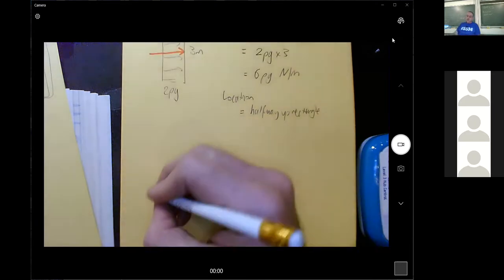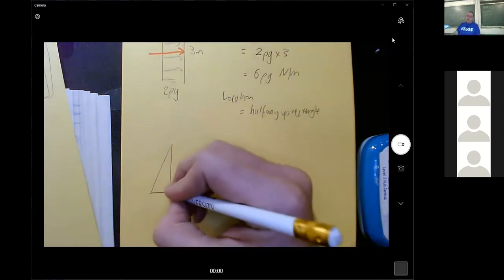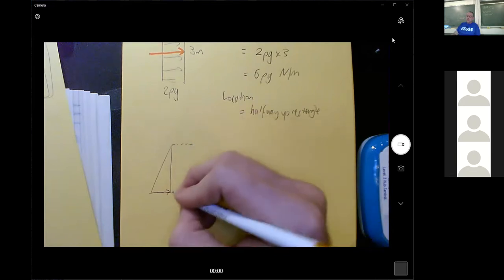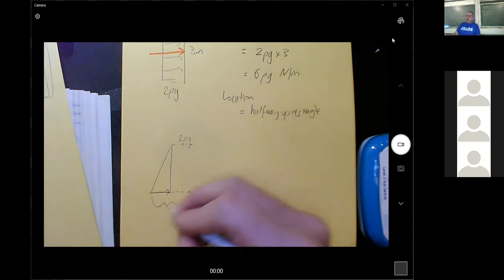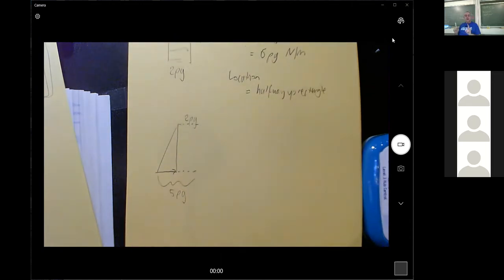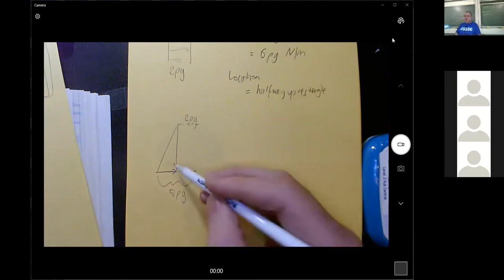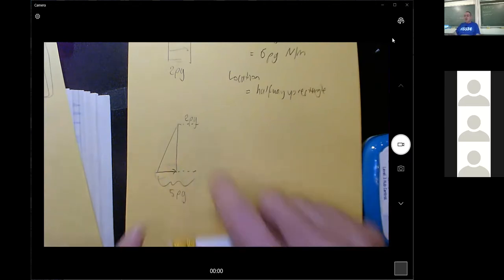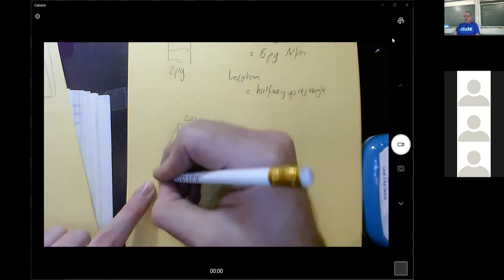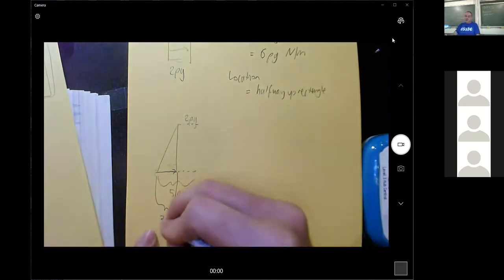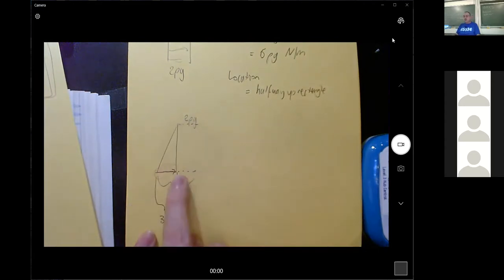All right, this triangle, this was 2 rho G and this was 5 rho G, which means it's a very badly drawn triangle because this bit's actually longer than this. So there's 2 rho G here and 5 rho G here, which leaves 3 rho G for this bit, because it's 5 minus the 2 that we took off.